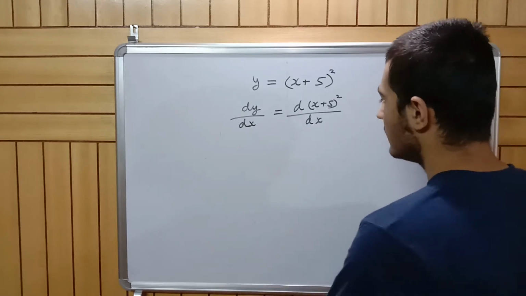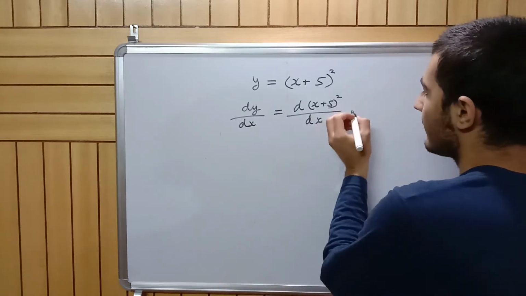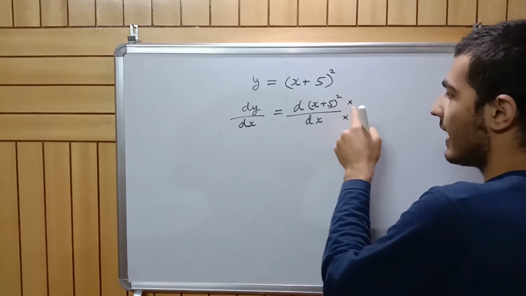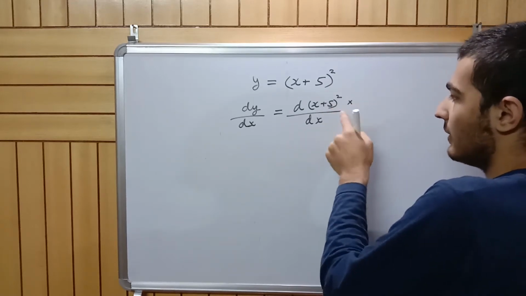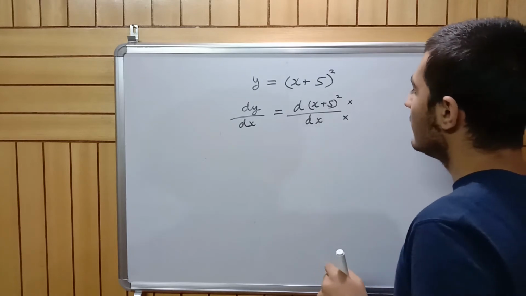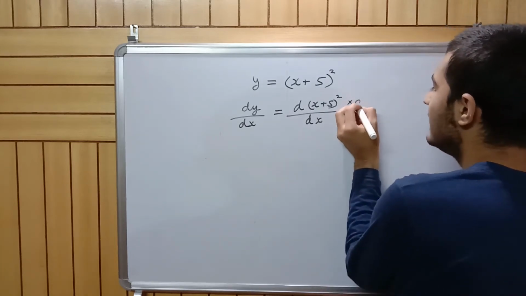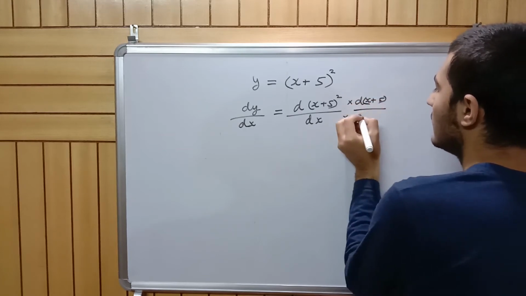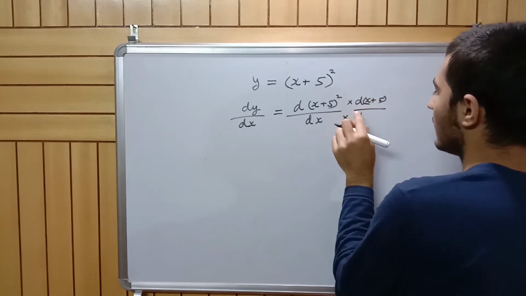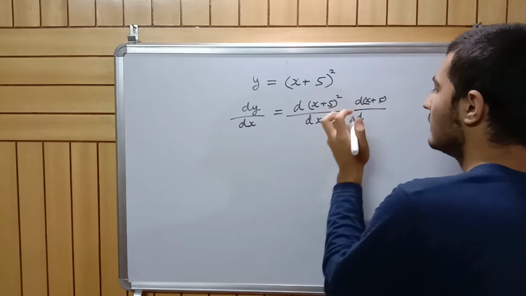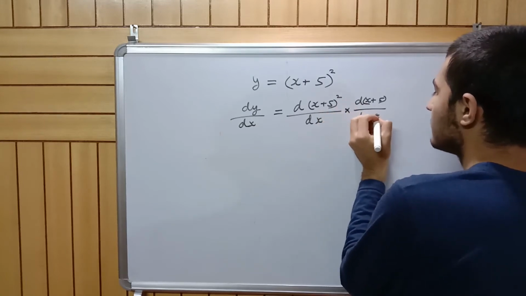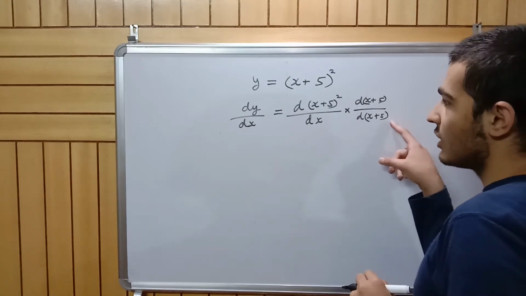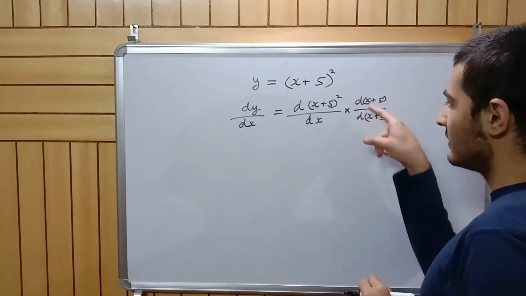I multiply both above the fraction and below the fraction with d of x plus 5. So this whole fraction is just equal to 1, so I can multiply this with this.